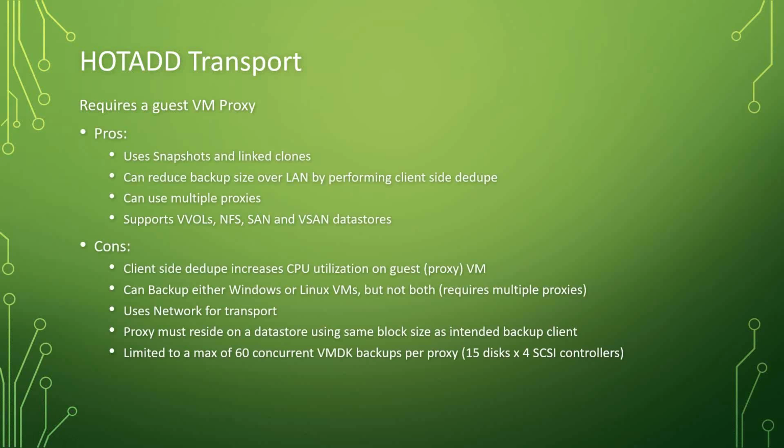Now, the drawback to client-side dedupe is that it tends to be very much CPU intensive. So if you use a bunch of small ESXi hosts versus a few large hosts, you're more likely to have a particular ESXi host pegging out on a couple of CPUs versus something that is not doing dedupe in there.